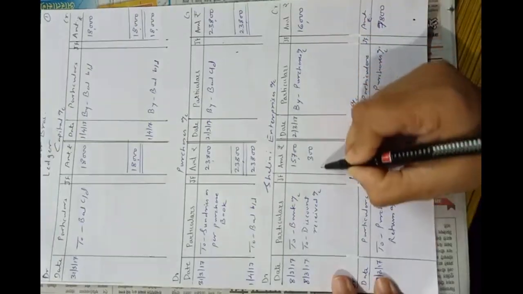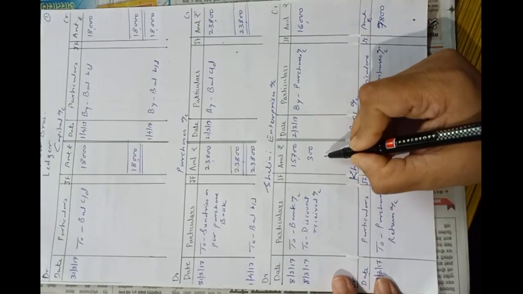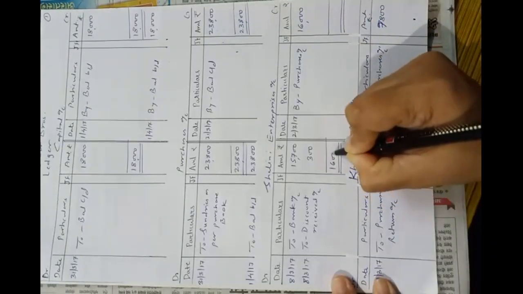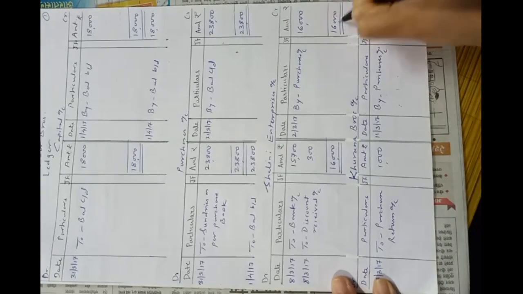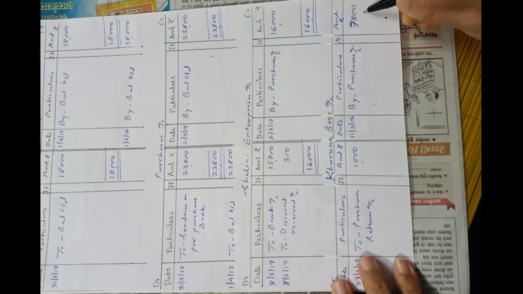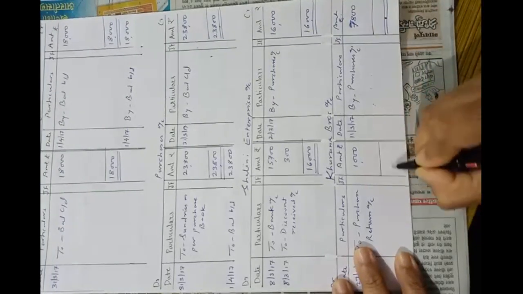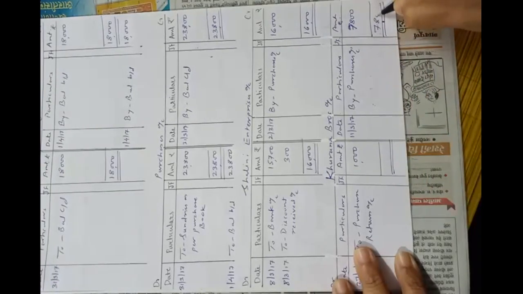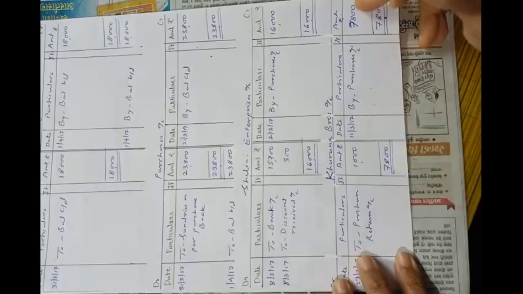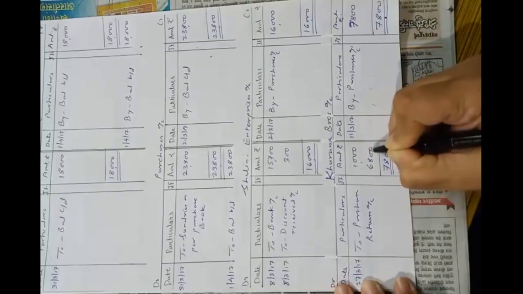Now Shalini Enterprises account, debit total is 16,000, credit total is 16,000, so no balance. Now Khurana brothers account, purchases is of rupees 7,800 and return is of 1,000, so there will be balance 7,800 minus 1,000 means 6,800 on 31st March 17.